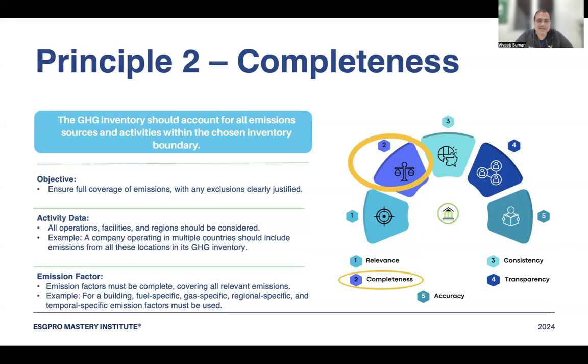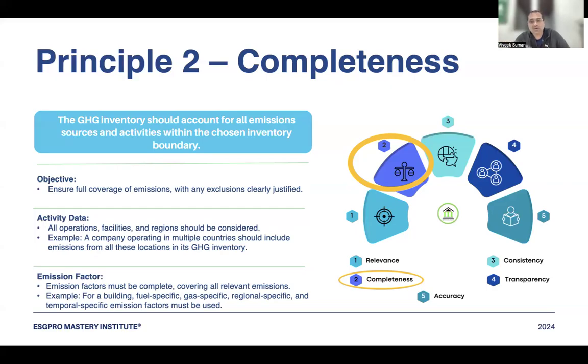Here the example is if companies operate in multiple countries, right? So we are talking about Unilever. It has a presence in more than 140 countries. What I can do, I cannot send my team to an African country or Somalia, etc. So I will say that, look, I'm excluding Somalia. You cannot do that and say that the total emission by Unilever is so much.